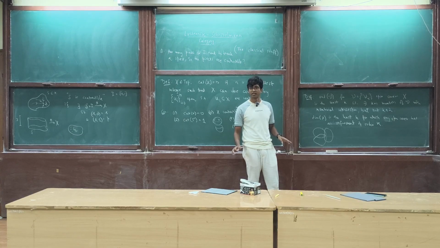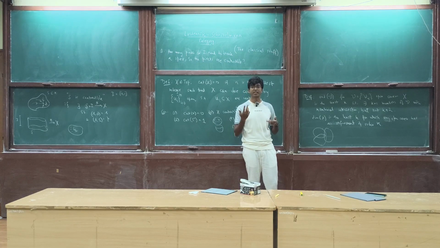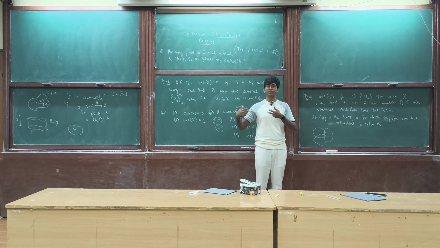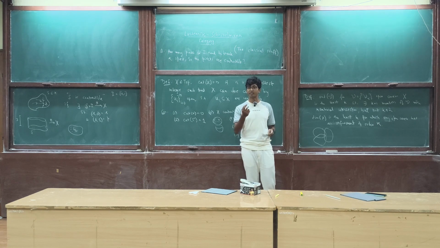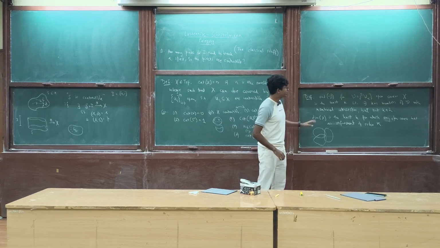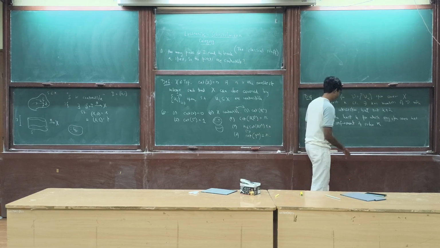If you want to cover R2 with balls or tiles or whatever you want, if you make those tiles or balls open, there's got to be intersections, and there's got to be at least intersections of degree 3. Similarly for R1, if you cover it with open sets, you have to have points which belong to at least 2 different ones. Okay. So that's the formal definition, but you can just imagine our usual notion of dimension.